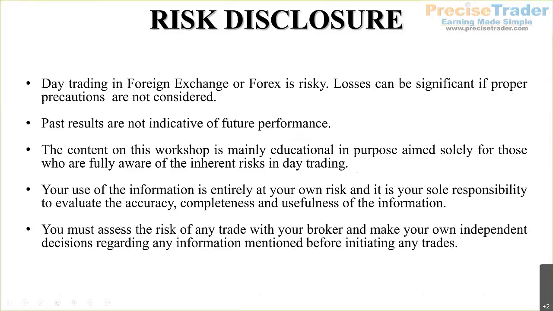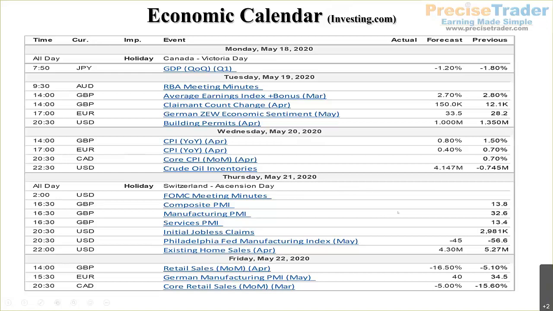Now let's look at the economic calendar for next week, the important events that are going to happen. Monday is a Canada holiday, followed by Japan GDP. Tuesday is RBA minutes, pound average earnings index and pound claimant count change.